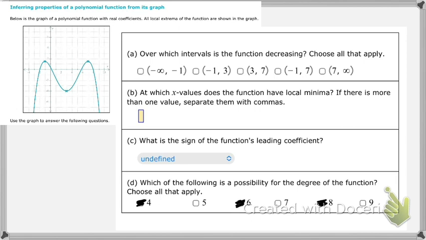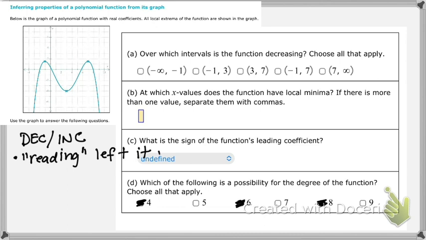Over which intervals is the function decreasing? We can talk about decreasing and we can talk about increasing, and that is reading, so to speak, left to right, where up is an increase and down is a decrease.